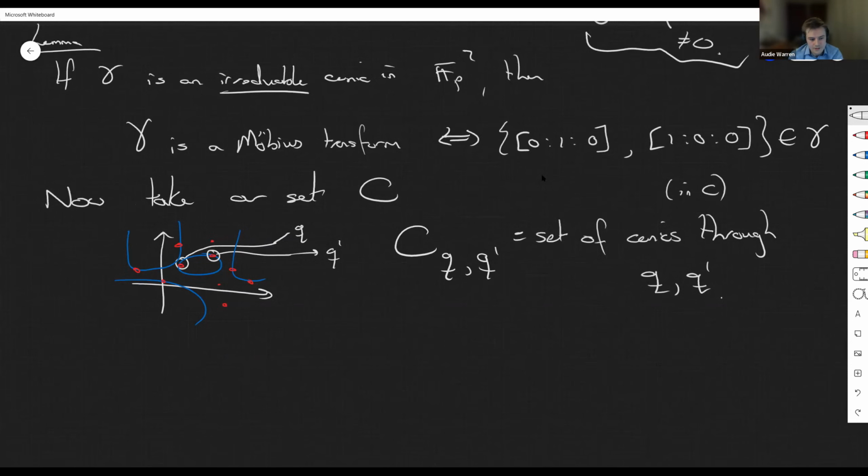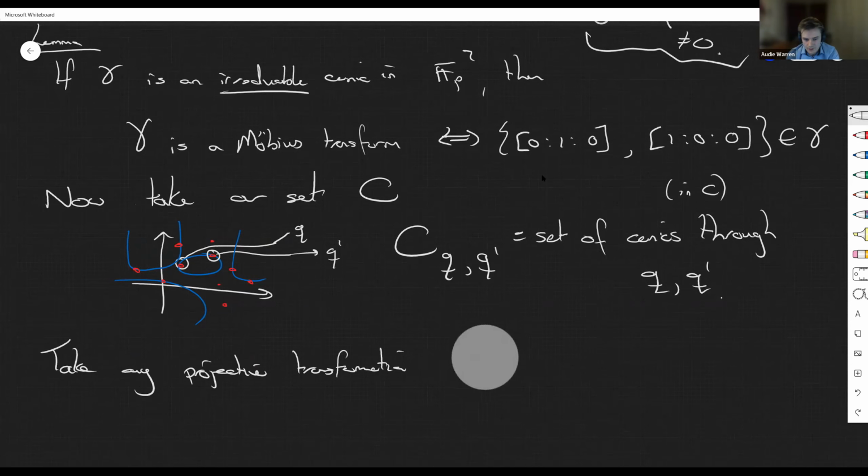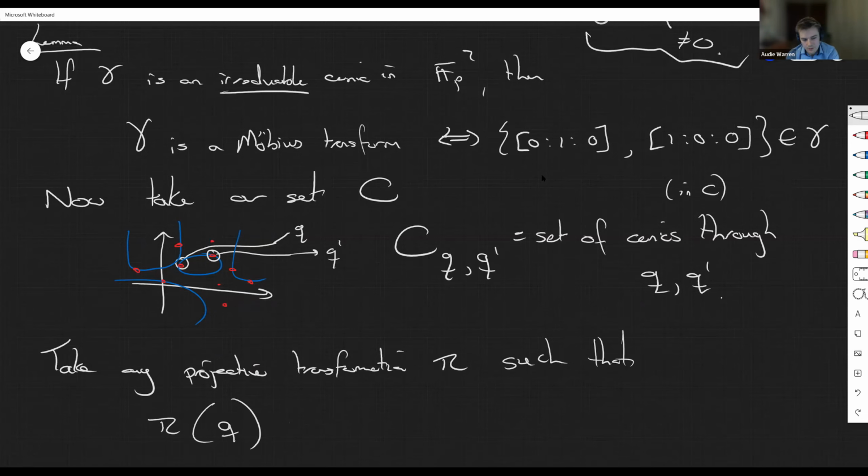All we're going to do is take any projective transformation, let's call it pi, such that pi applied to Q is one of these points at infinity, and pi applied to Q prime is the other point at infinity.